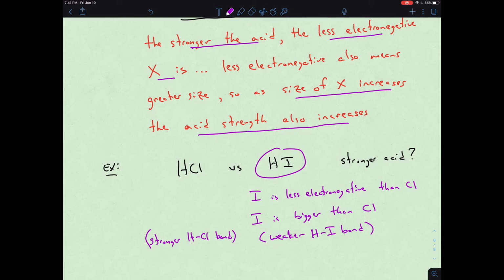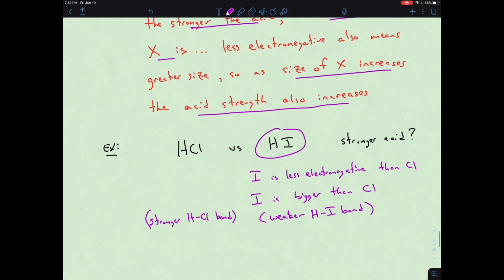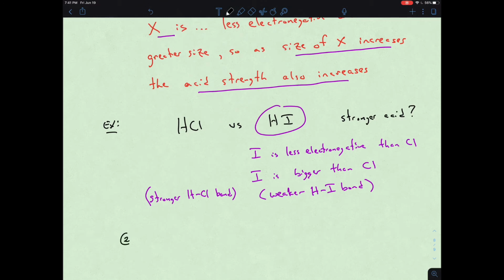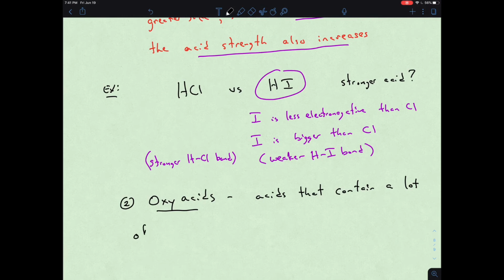We also have oxyacids. And oxyacids are acids that contain a lot of oxygen.